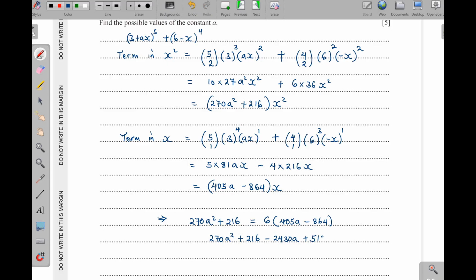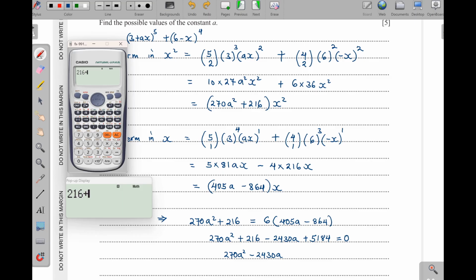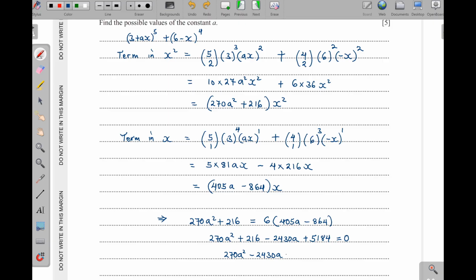So plus 5184, which is equal to 0. Now we simplify. This is 270a squared minus 2430a, then 216 plus this one here, 216 plus 5184, that is 5400.